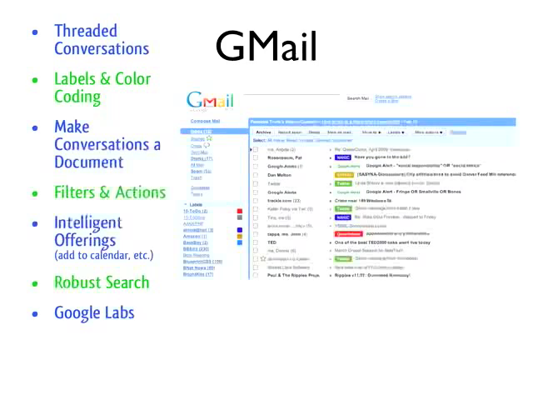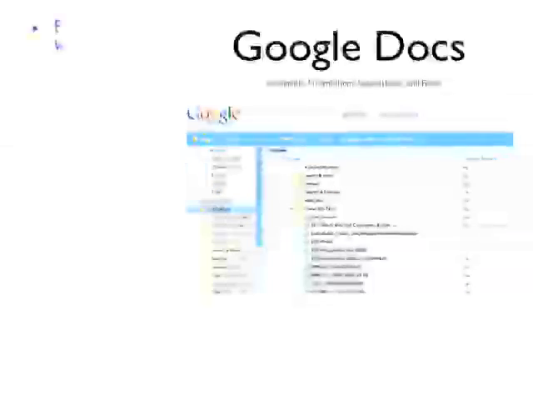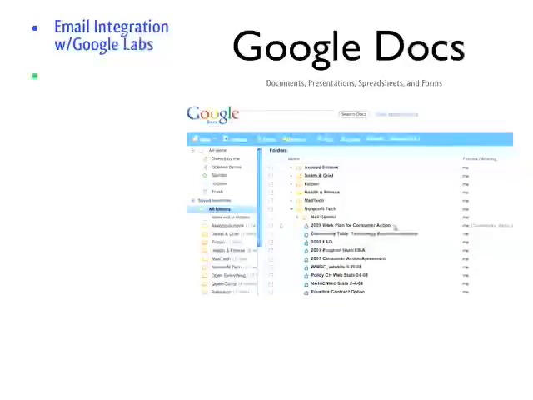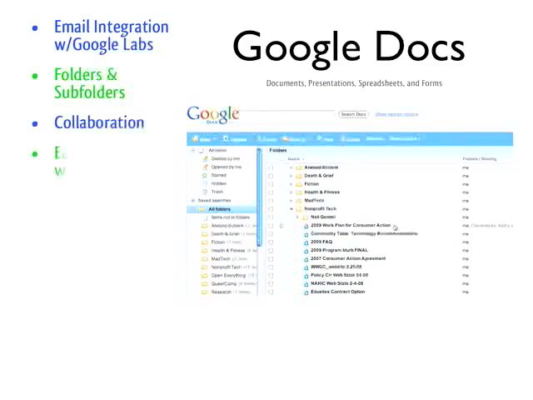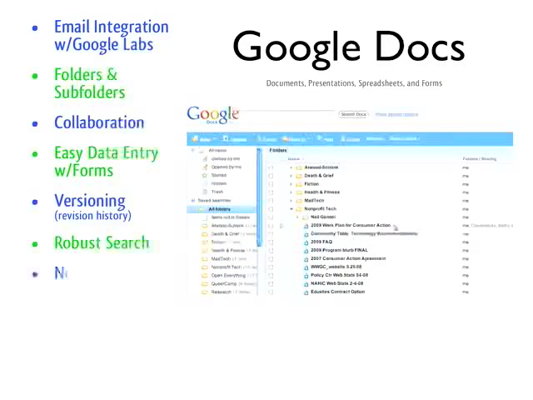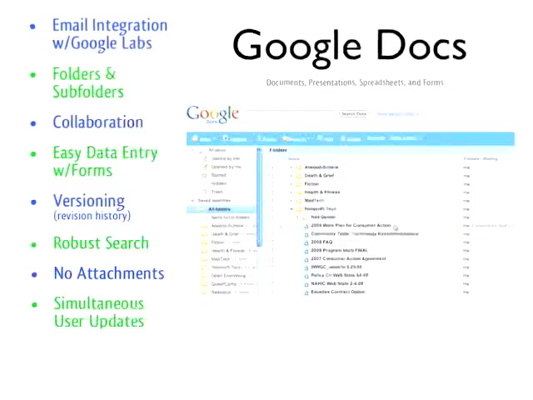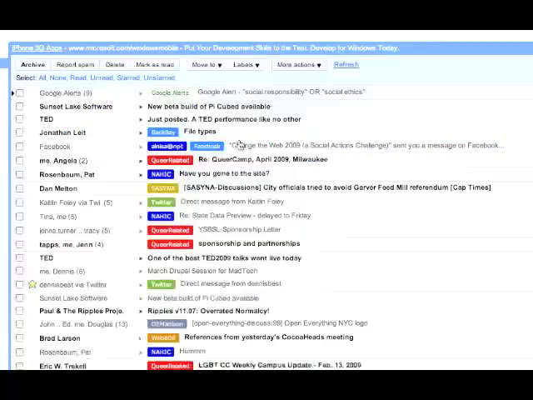Google Docs offers, through Google Labs, some integration with Gmail. You can have folders and subfolders, lots of collaboration opportunities, easy data entry, forms, versioning history, robust search, news and attachments. Basically Google Docs is your replacement for Microsoft Office.